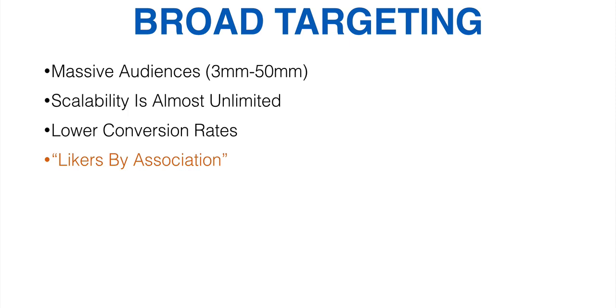That's called likers by association. And that's why sometimes these broad keywords can have lower conversion rates because you're not really hitting the passionate people that are just mega passionate about firefighting or mega passionate about hairdressing or mega passionate about CrossFit or weightlifting or nursing or whatever it may be. You're also hitting their friends that have liked their posts, right?